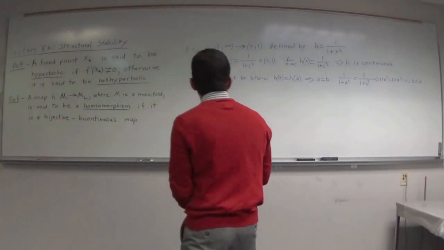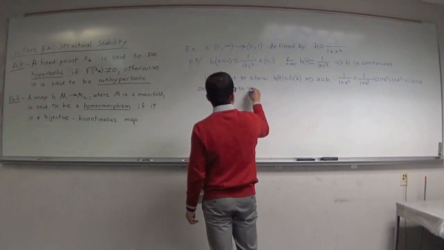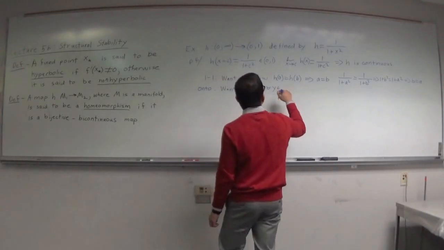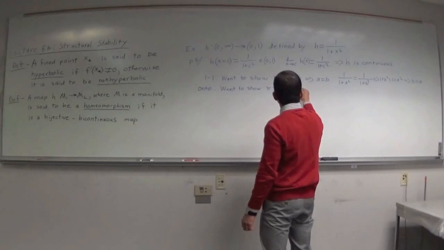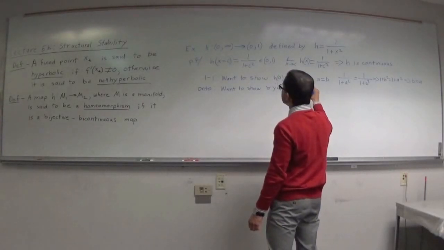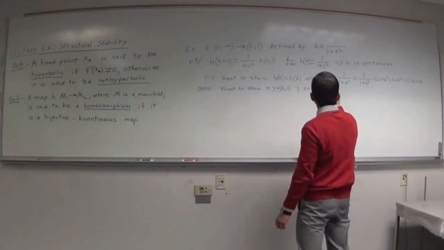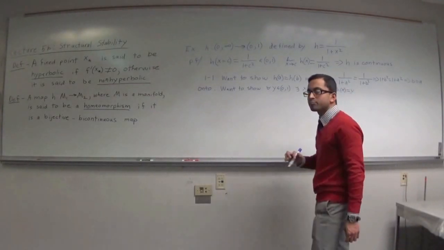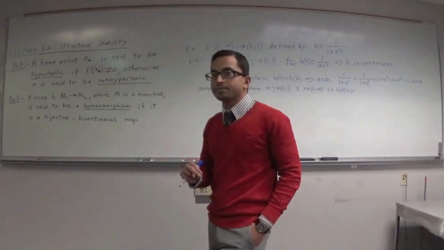So let's show this. We want to show that for all y in 0, 1, there exists an x in 0 to infinity such that h of x equals y, right? So that would give us that it's onto.